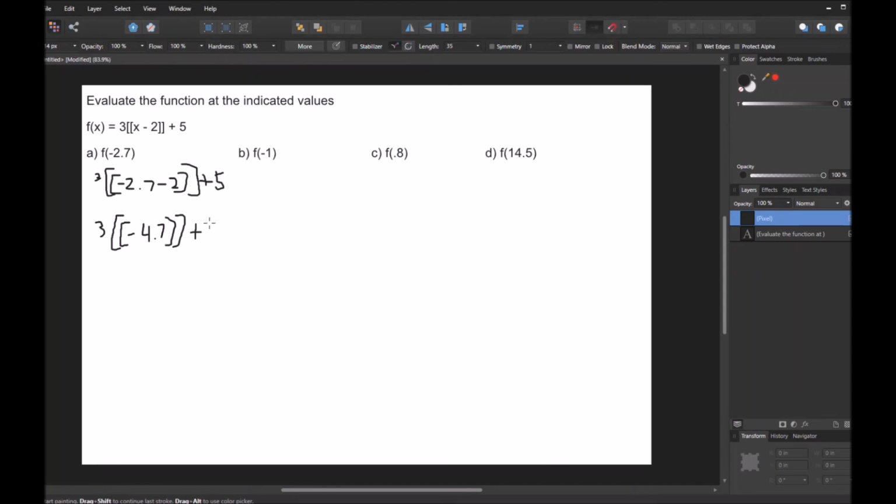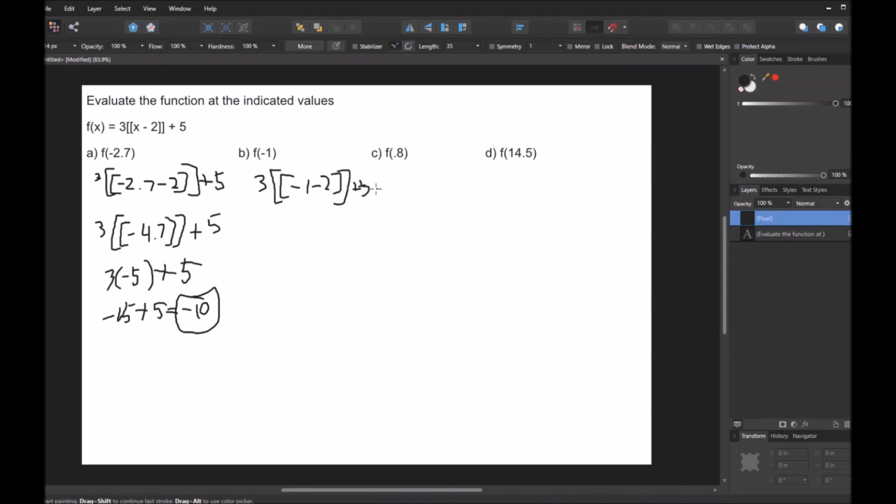And so if we round down, we're going to have 3 times negative 5 plus 5. So we have negative 15 plus 5, which is negative 10. Now in this next one we have 3 times the greatest value integer less than or equal to negative 1 minus 2, and then plus 5.